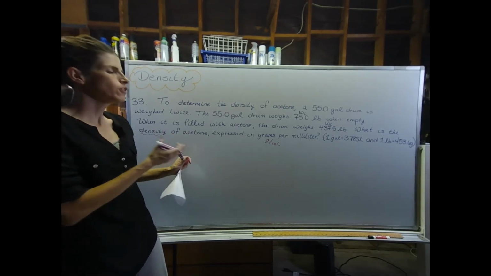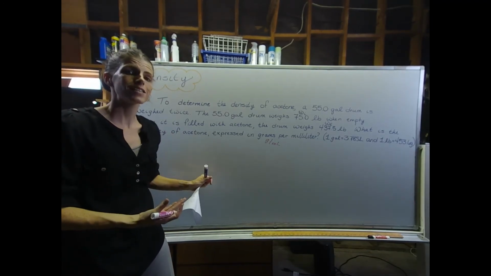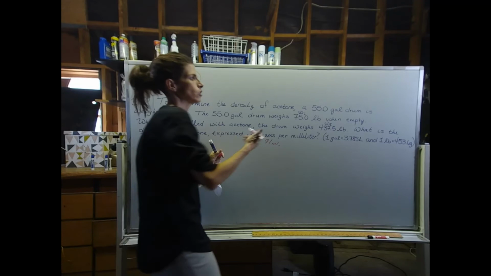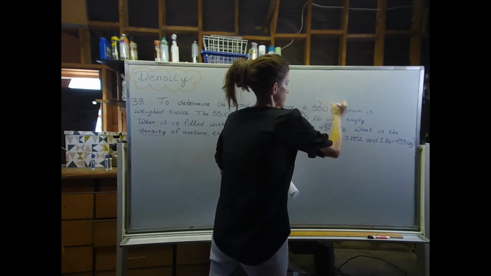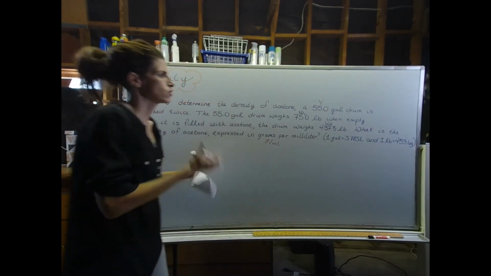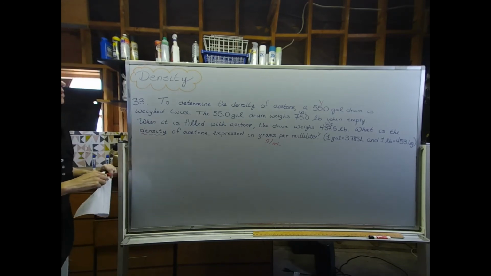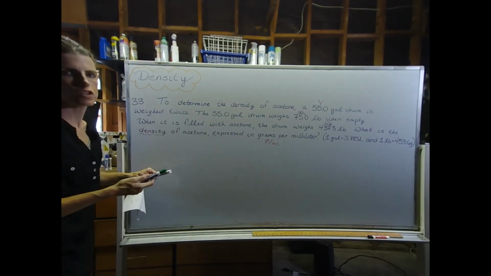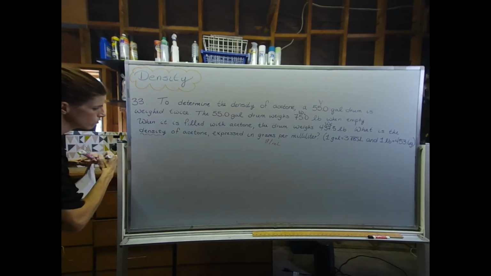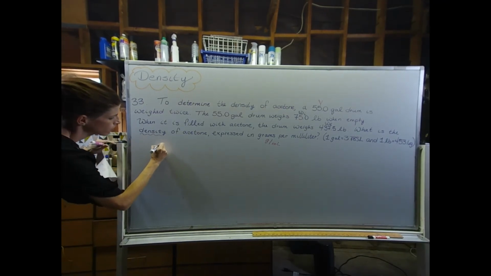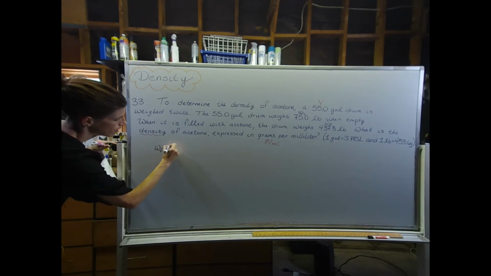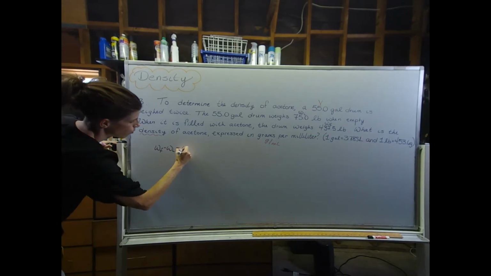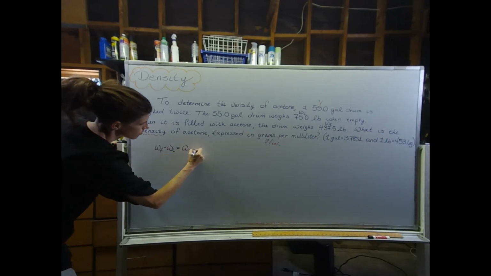Well, if they filled the 55-gallon drum with the acetone, then I know the volume, right? 55 gallons is a volume. So I'll make note of that as well. So let me calculate the weight first. I'll do weight final minus weight initial to get the weight of just the acetone.